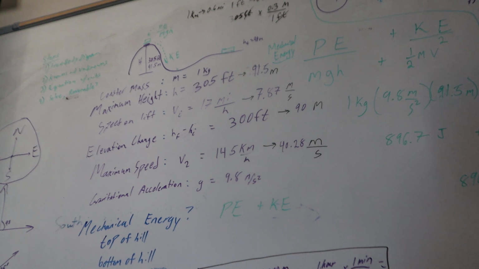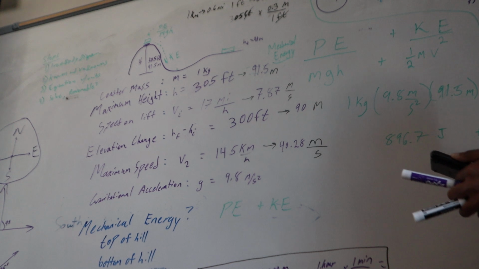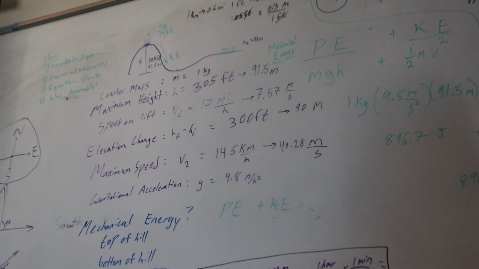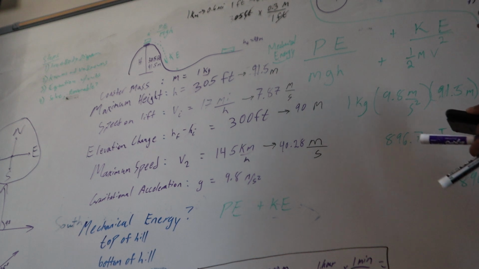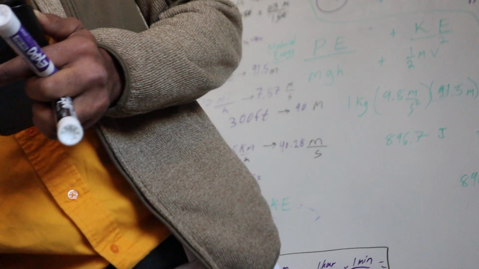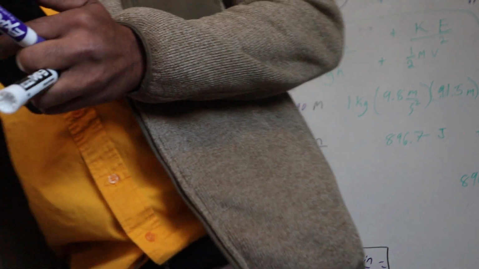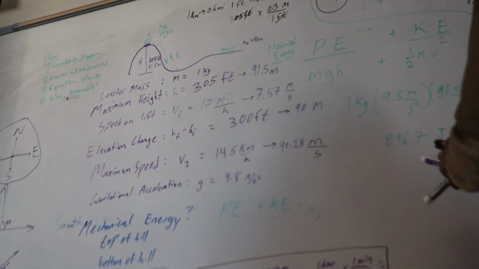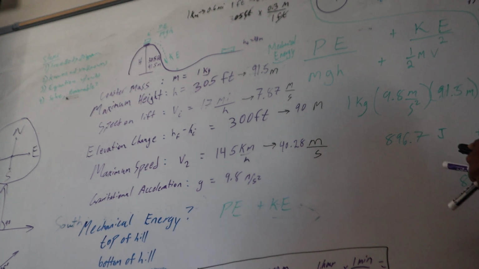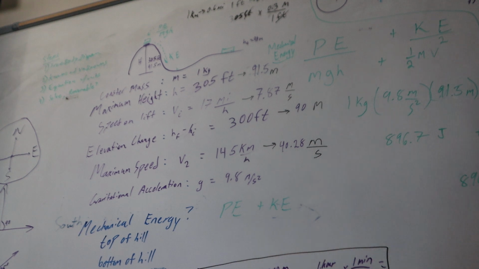I'm squaring both of them, which is good because they're both in joules. So now we're adding up the two. Mechanical energy is potential energy plus kinetic energy. So it's 30.97 kilogram meters squared over second squared plus 896. That's a joule.